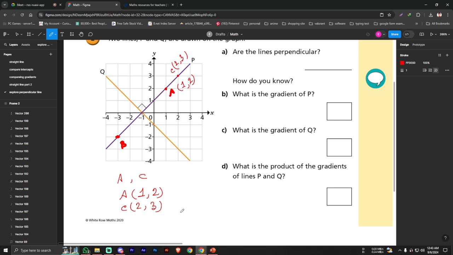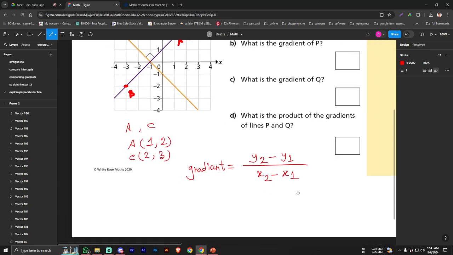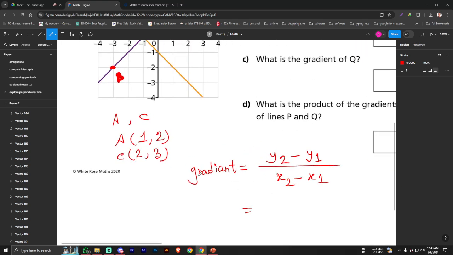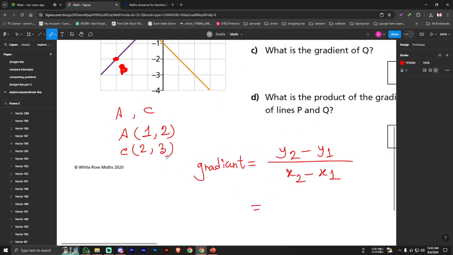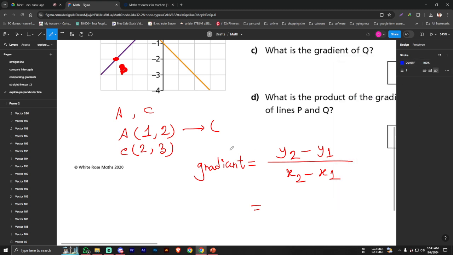Now can you calculate the gradient? What is the formula for gradient? y2 minus y1 over x2 minus x1, right? That's the formula for the gradient. And what is the value of x1 y1? Let's take maybe blue.